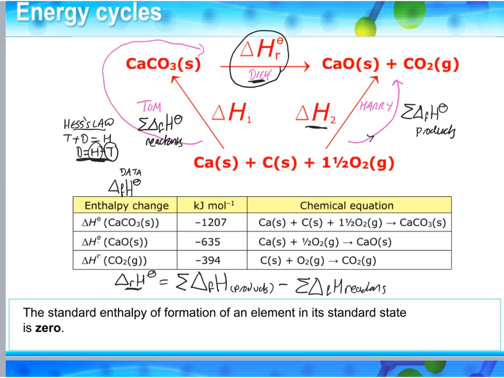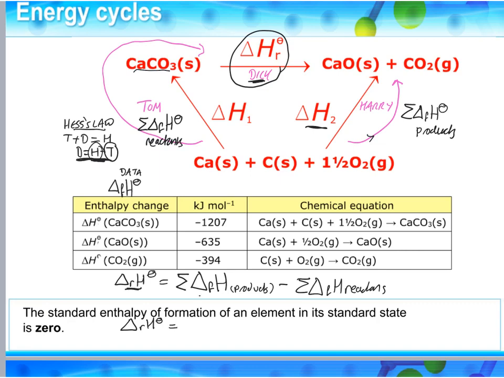So now we can put our values into this equation, and we will then come up with an answer for the enthalpy of decomposition of the calcium carbonate. So underneath it, I'm going to write the enthalpy of reaction that we're trying to find, the enthalpy change for the reaction that we're trying to find.